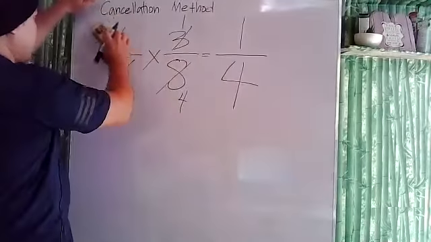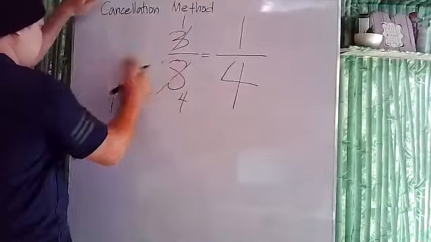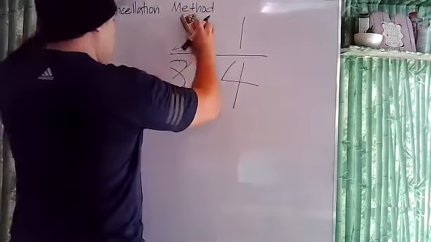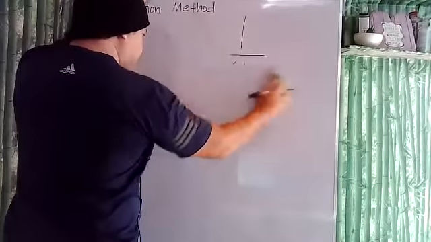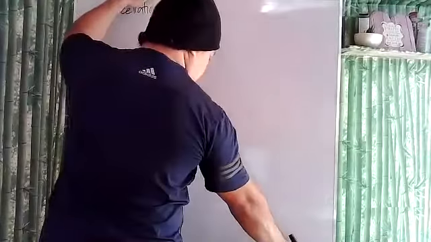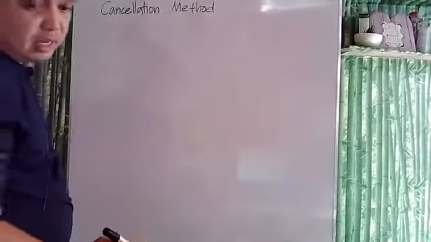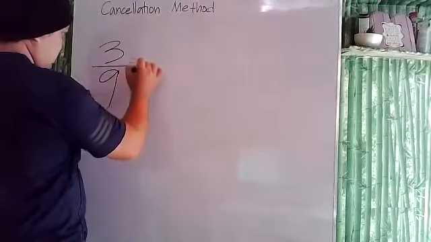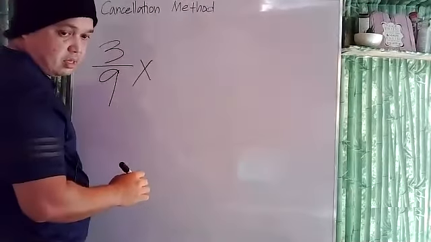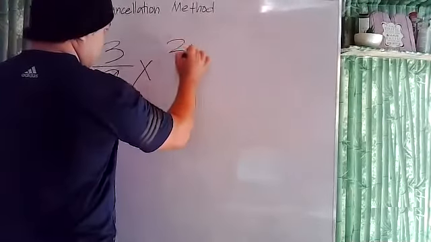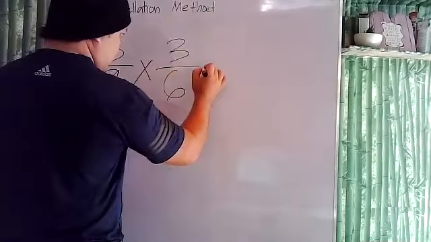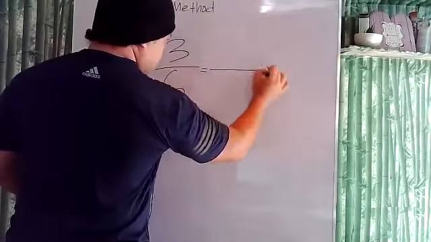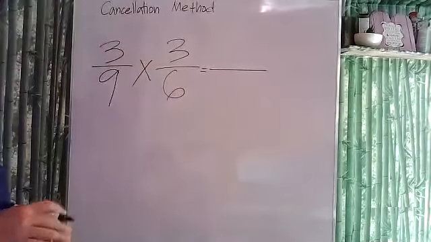So, last example, to wrap up our lesson for today. It's 3/9 times 3/6. The same, let's use the cancellation method.